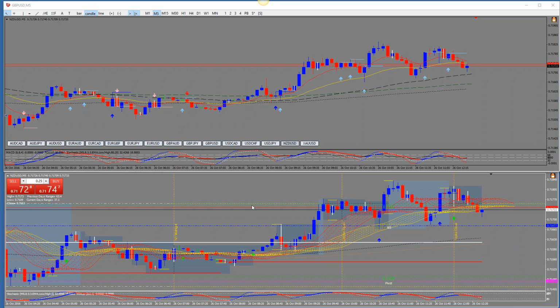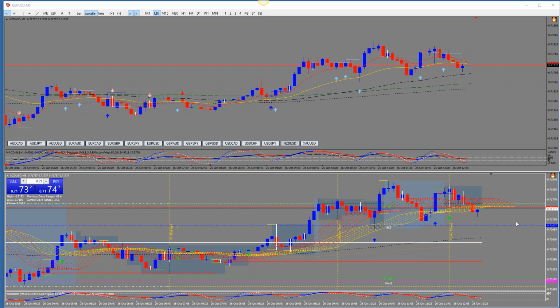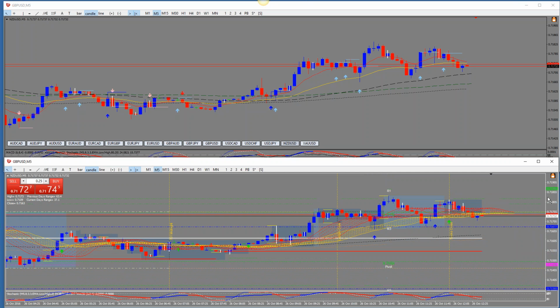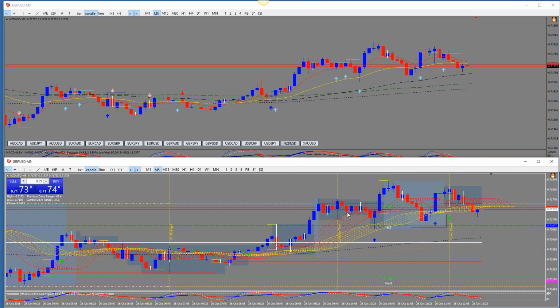I like to trade from level to level, so I trade from the 50, the 25, the 50, the 0, and the 75 levels. Right now it's sitting at the 75 level. If you look here, it's bouncing off this 75.